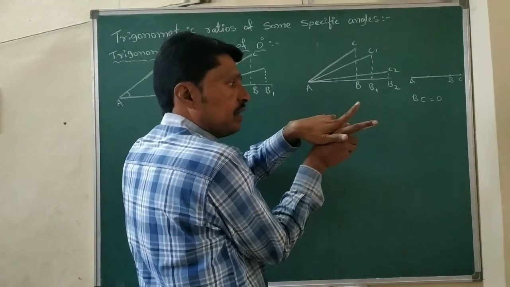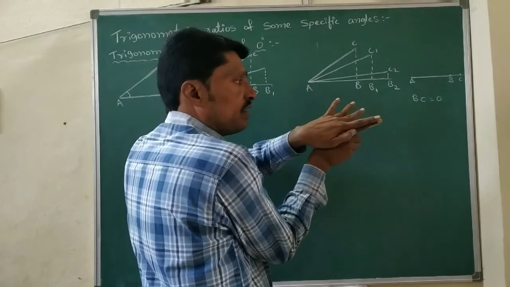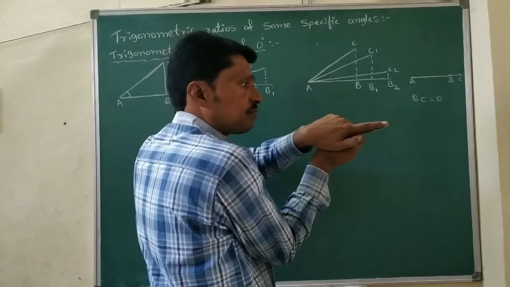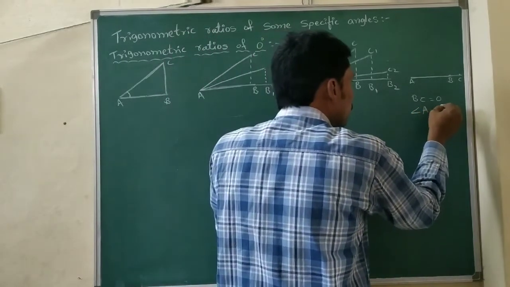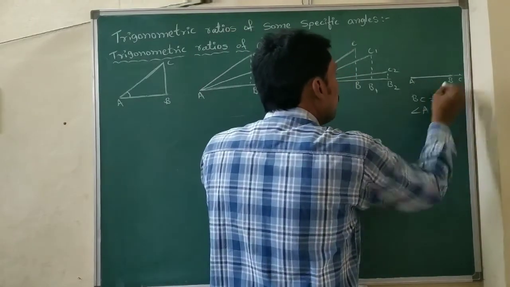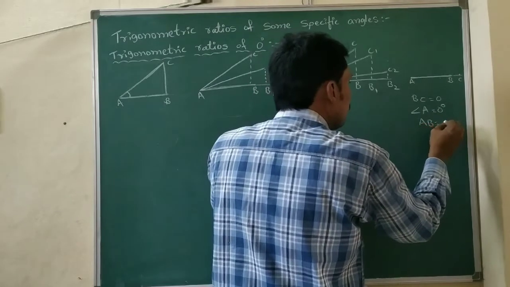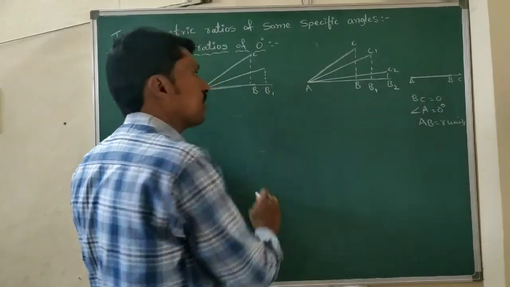Here it is making the angle, 1 upon 1, which means it is making 0 degrees. So angle A equals 0 degrees, and the length of AB we take as some units, R units.